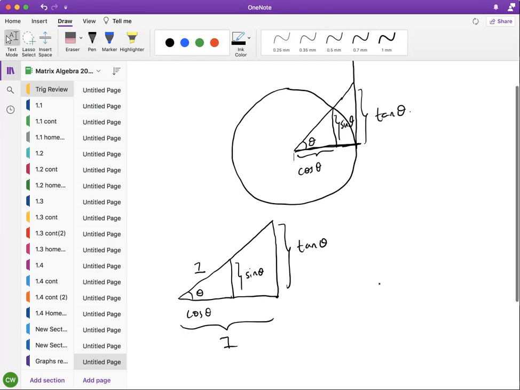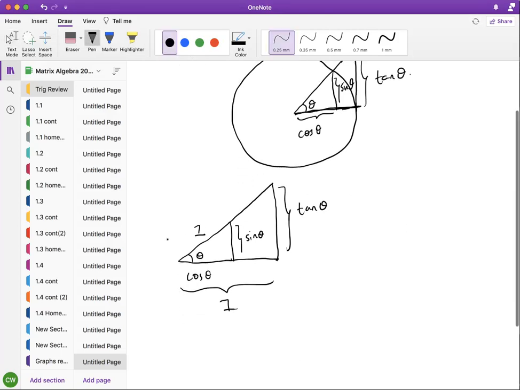So one thing to notice is that we can actually find the hypotenuse of this big triangle, right? Since these are all right triangles, we can figure it out by doing the Pythagorean theorem. So 1 squared plus tangent squared is equal to the hypotenuse squared.